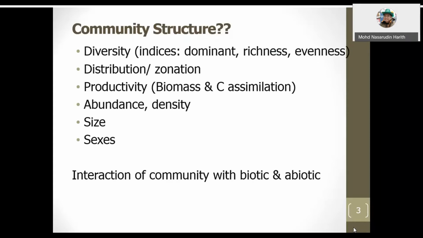In community structure, there is interaction of the community with biotic and abiotic elements. You should know how to differentiate between biotic and abiotic elements.